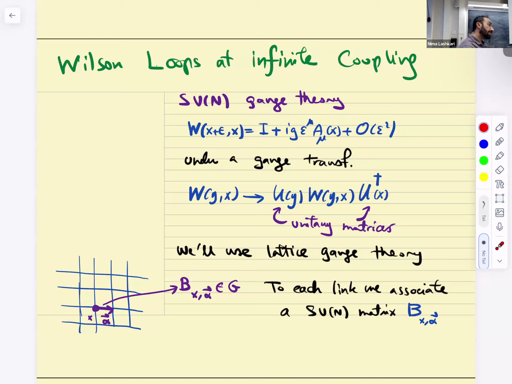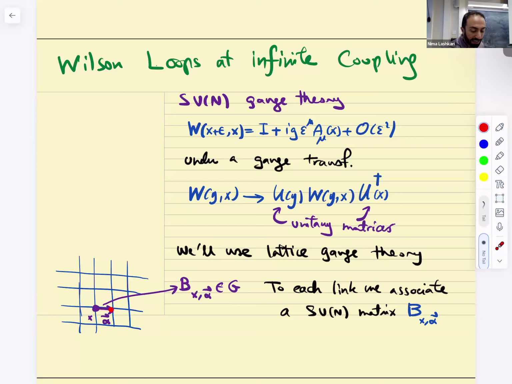To model this, in part 1 of the course, we said, let's start with a lattice. On each point, we put a degree of freedom that belongs to SU(N), gauge group G, because we want to associate this to a Wilson line infinitesimally.